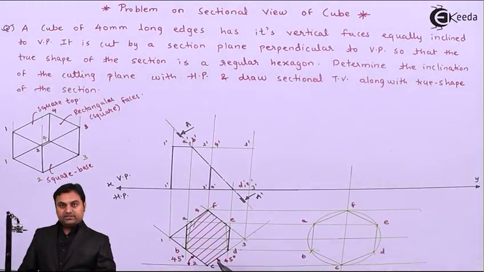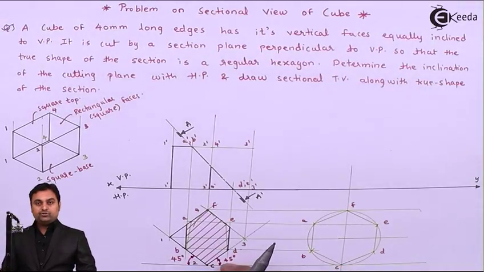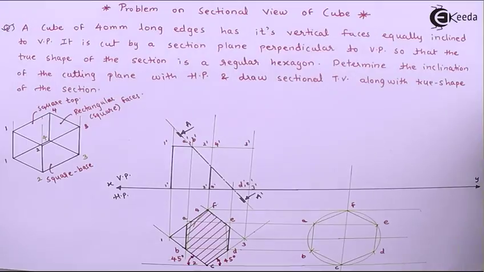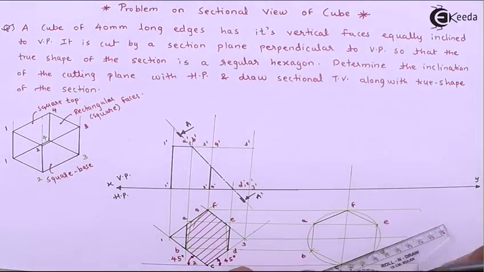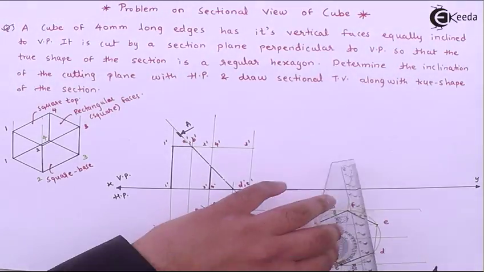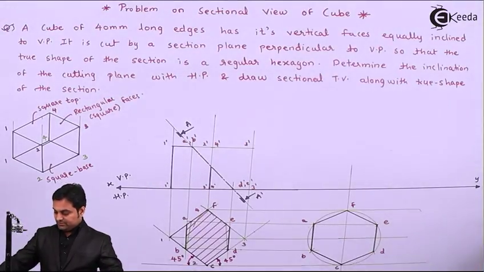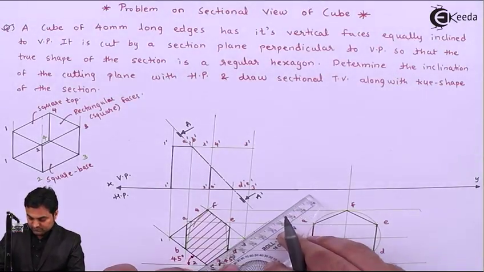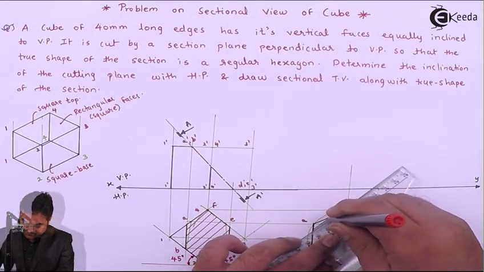So this is the hexagon, and here we are getting the apparent shape, that is not the true shape, and this is the true shape. Drawing the section lines at 45-degree.